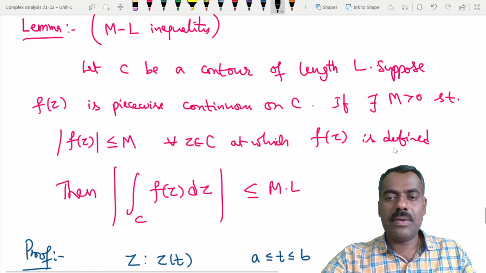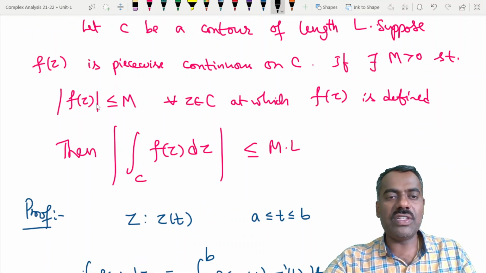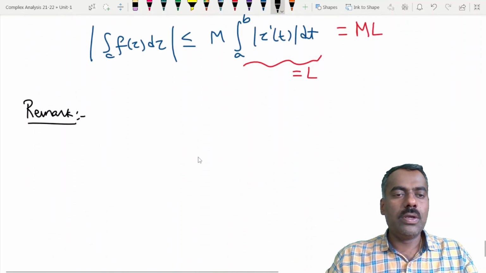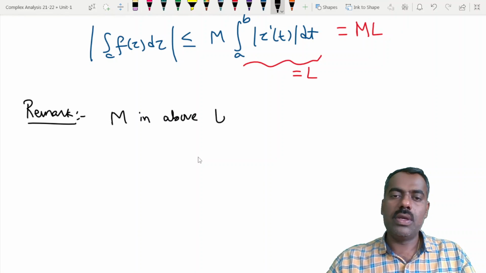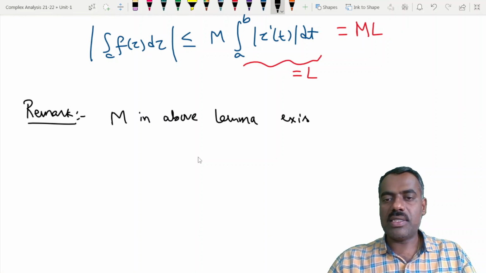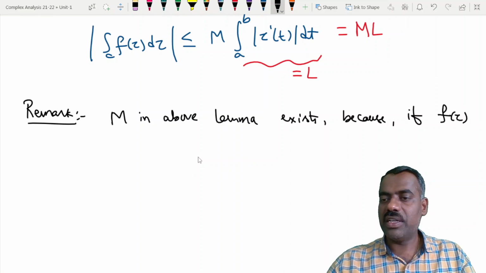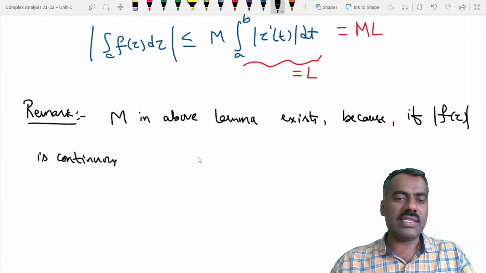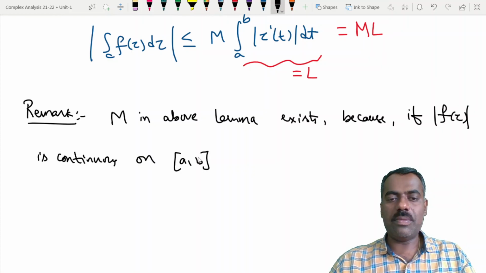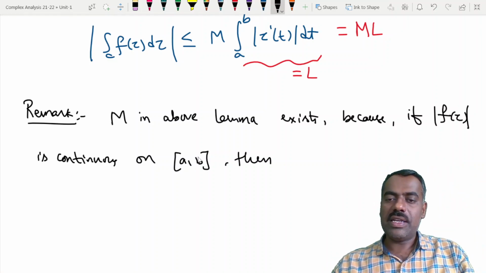The M in the above lemma exists because of a real analysis result. First, if f of z is continuous on a closed and bounded interval a to b, then by the real case, any real function which is continuous on a closed and bounded interval attains its maximum.